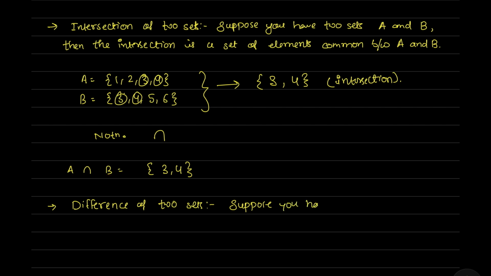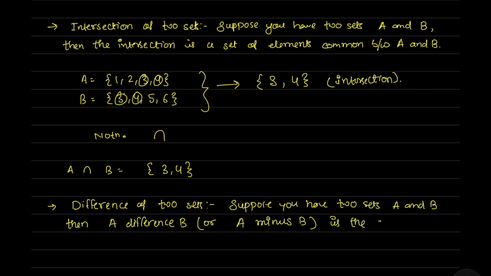Suppose you have two sets A and B, then A difference B, or you can also say it as A minus B, is the set of all elements in A which are not in B. So basically from one set we are removing all the elements of the other set.